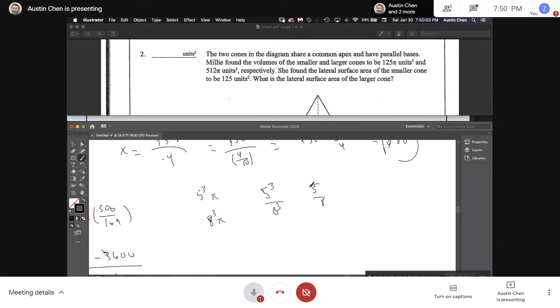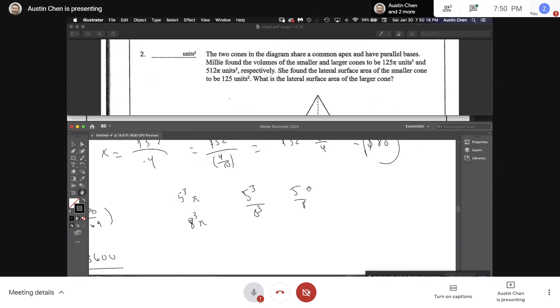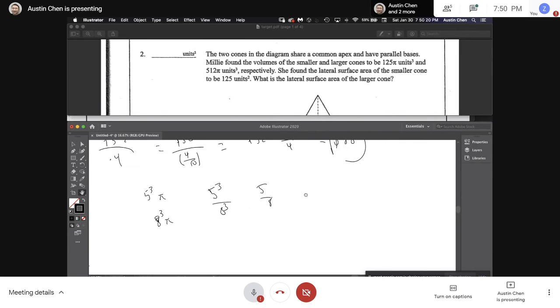So the smaller cone side length is 5/8 of the larger cone side length. And then we can just square this ratio to find the ratio of the lateral surface areas. So the ratio of the lateral surface areas is going to be 25 over 64.